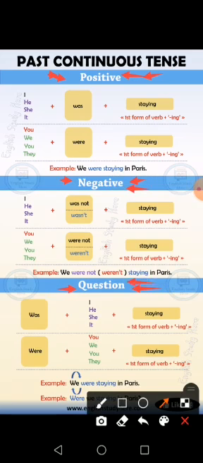So, to make a positive sentence using past continuous, we have the subject, and here we have was or were, and here we have verb plus ing. If the subject is I, he, she, it, or a singular noun, we use was, and we add ing to the verb, okay?